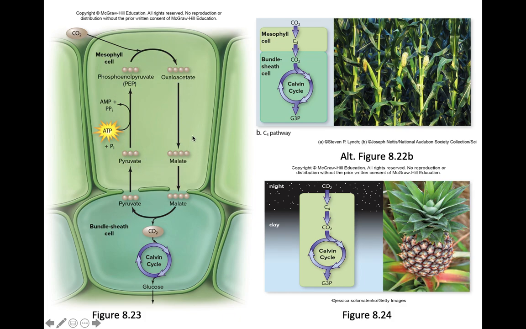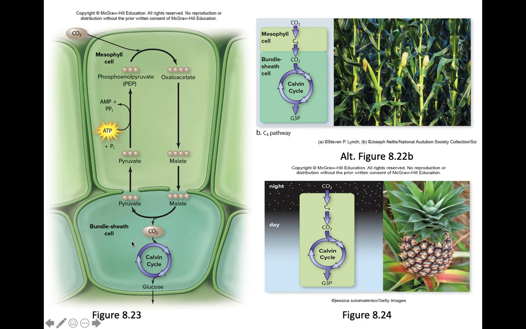In C4 cells, the cells closest to the surface of the leaves, the mesophyll cells, are going to use a 4-carbon molecule to attach to and fix the carbon dioxide, and then pass it to the cells further away from the surface to allow entrance into the Calvin cycle.